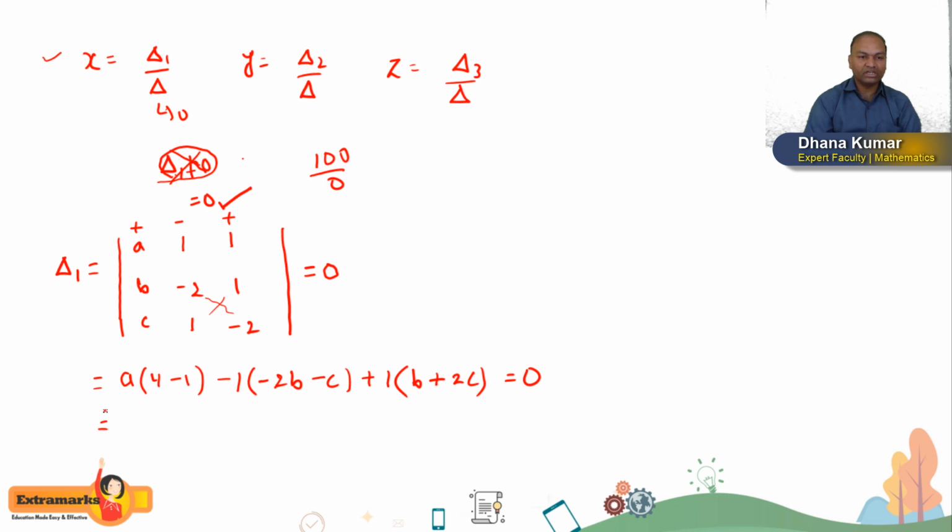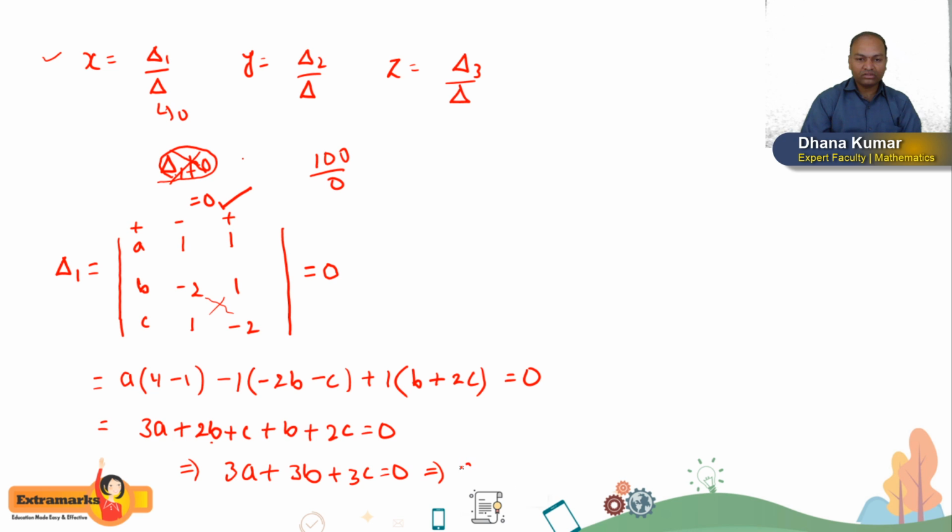4 minus 1 is 3, 3 into a, 3a. Here minus into minus plus 2b plus c plus b plus 2c is equal to 0. So that implies, in order, 3a, 2b plus b is 3b, c plus 2c is 3c, equal to 0.